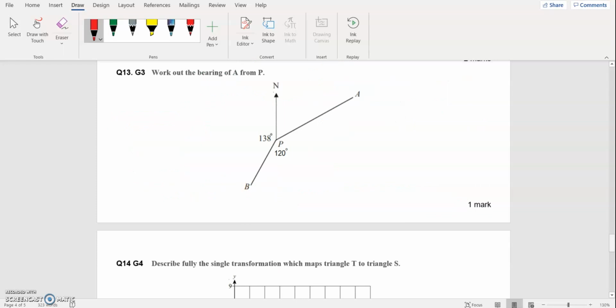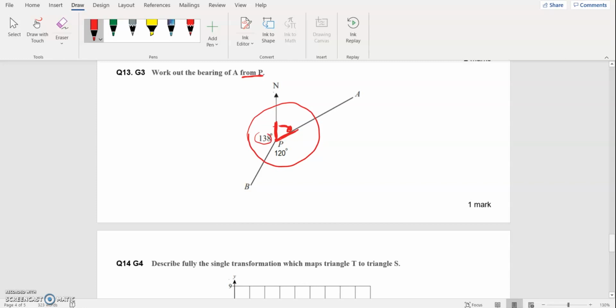We now have to work out the bearing of A from P. So it is from P, that's our starting point. P is the point here, so we go up to the north and we go into A, which is here. So we're looking at this angle between them two. And how do we work that out? We know that a full circle has 360 degrees.